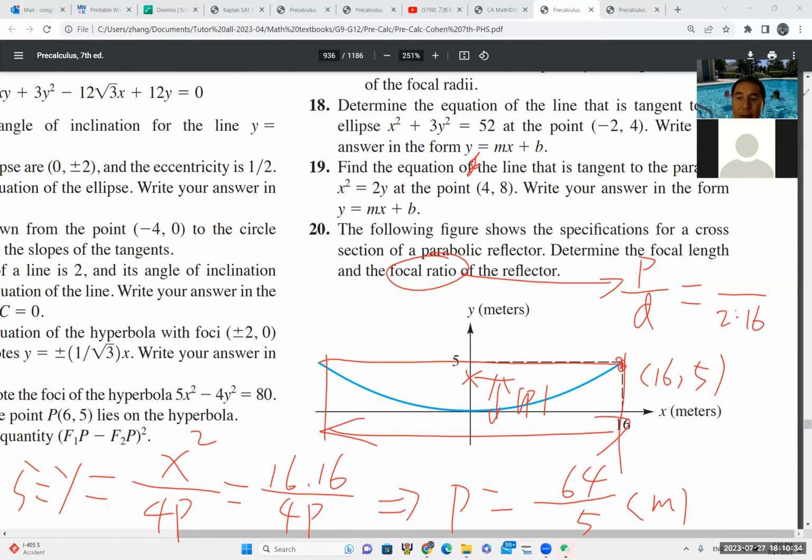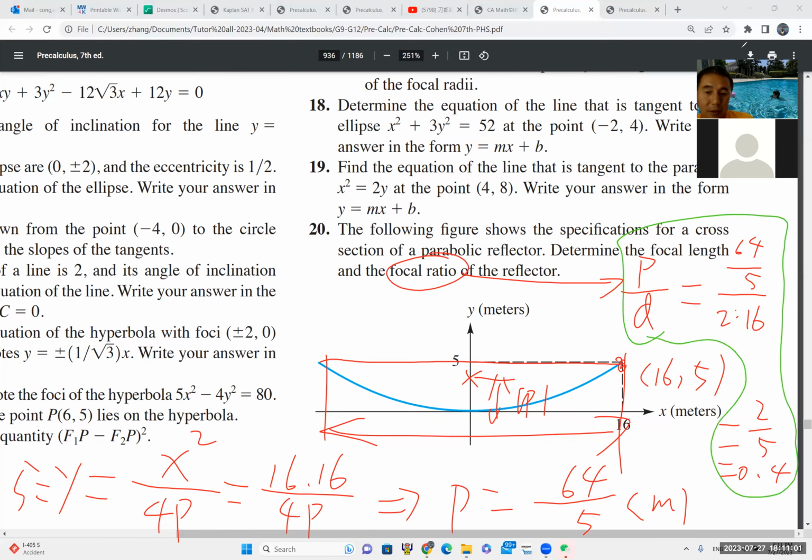Then we can get P over D equal to 64 over 5 divided by 32, so we get 2/5, or 0.4. This is the focal ratio.